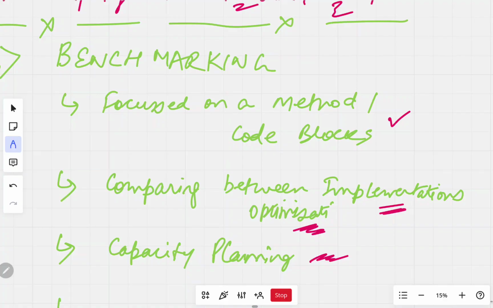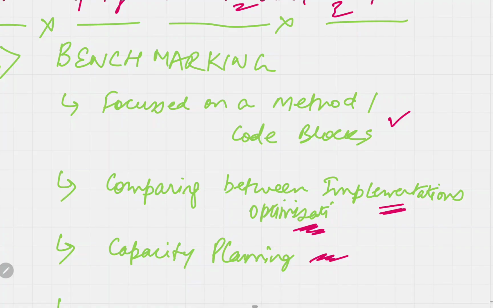A particular method we fire and we give it a load in terms of users or data, and we try to see how performant it is. If we suddenly increase the load 10x, does it slow down? Does it slow down to a level which is not acceptable to business or users? Then we need to do the capacity planning based on how powerful the code is.